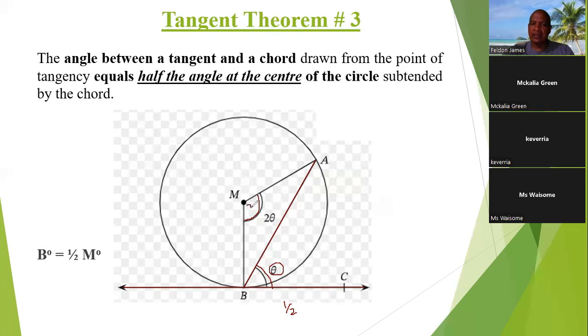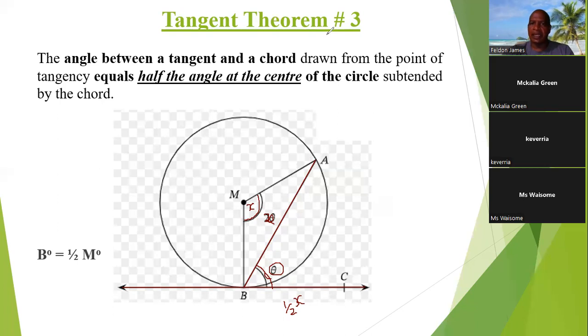So if let's say that this was X, then this angle here would be half of X. You follow? Or if you want to say if this is theta, then this angle will be twice theta. So you can read it two ways. Is that clear, Miss Green?